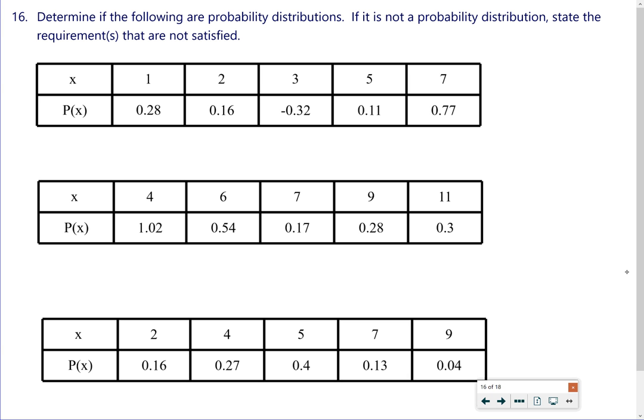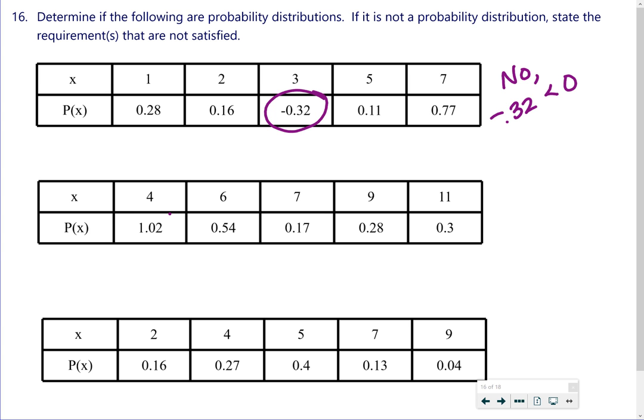Okay, so is the top table a probability distribution? Yes or no? It's a no, and you need to be able to explain why not. So why would you say no? Yeah, so negative 0.32 is less than 0, and then in words you can say there's a negative probability. Okay. What about the one in the middle? Yes or no?